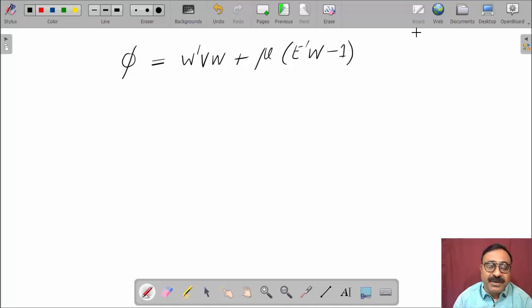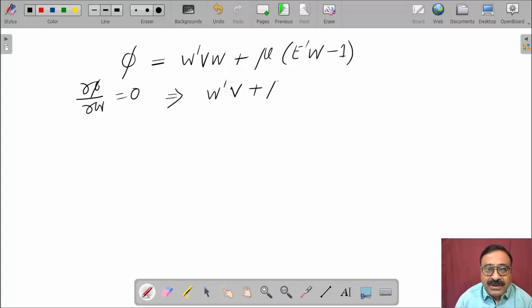Now differentiating phi with respect to w and equating to 0, del phi by del w equal to 0 implies w dash V plus mu E dash equal to 0. That implies w dash V equal to minus mu E dash.